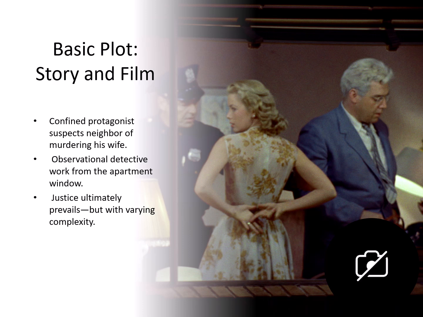The plot is pretty much the same throughout both the short story version and the film version. When you get down to the nitty gritty, it is the same. It's observational.